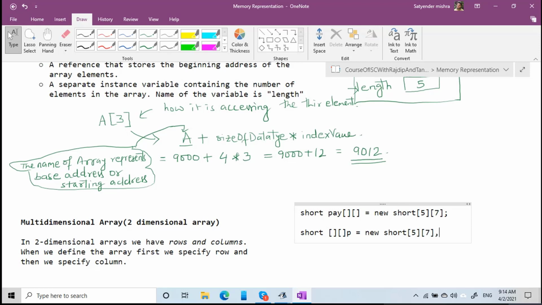And now you have declared a variable q, right? So what will happen if you write here q equal to 1? It will produce an error.